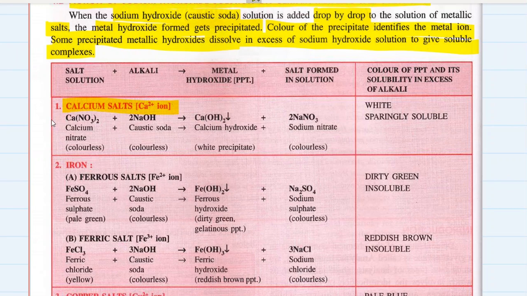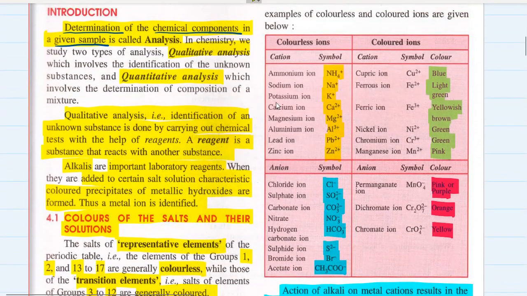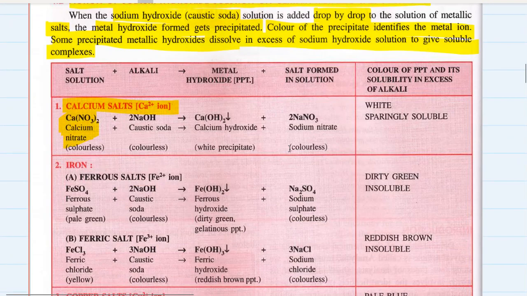What will happen? Any calcium salt is colorless originally, since we have known that calcium ion is colorless. If you add your caustic soda, which is also colorless, it will form a white precipitate of calcium hydroxide. And sodium nitrate solution, which is colorless, will be formed. So you will be able to see white precipitate at the bottom of the test tube when these two are mixed.